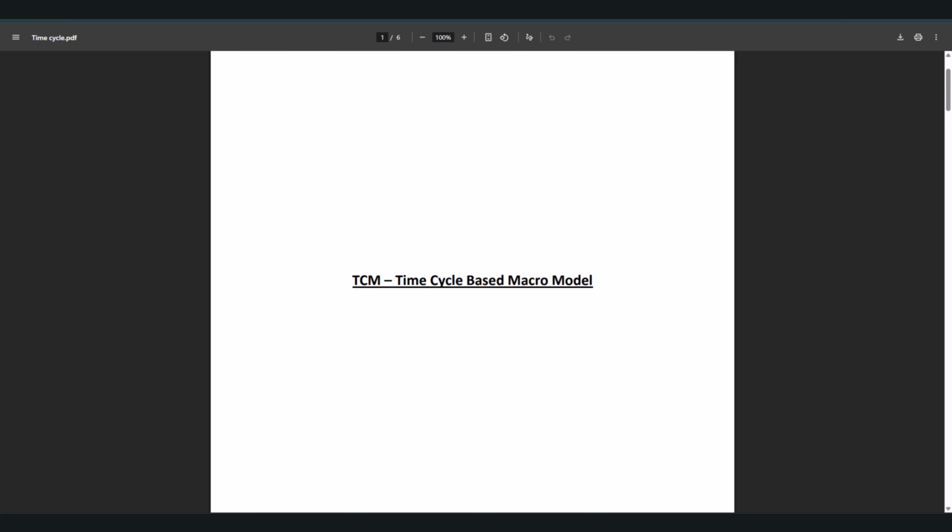Nasdaq. I have shared my CRT model, and this is my TCM model. You can find anything by searching TCM. This is my own naming, TCM, time cycle based macro model. This is based on ICT concepts, so it works everywhere.